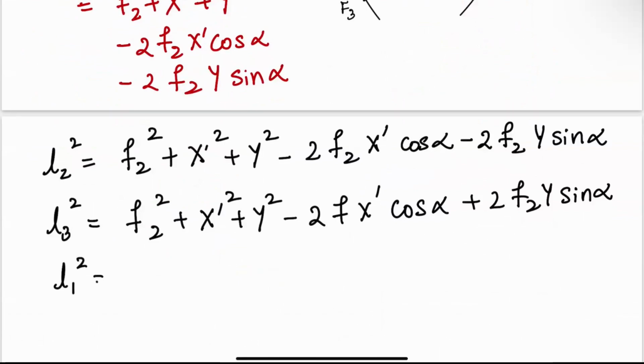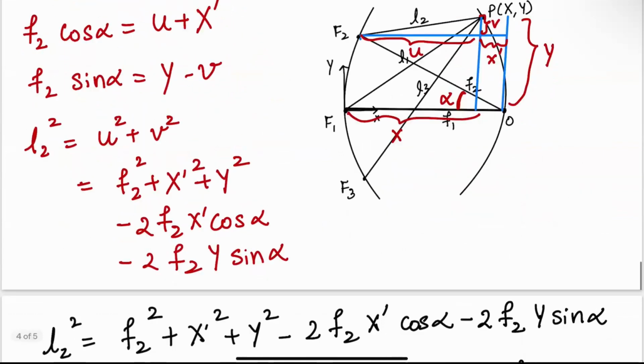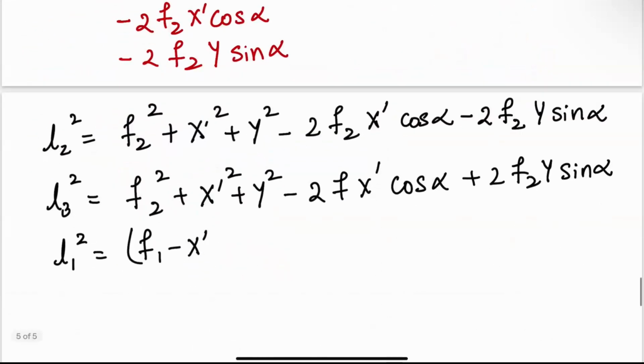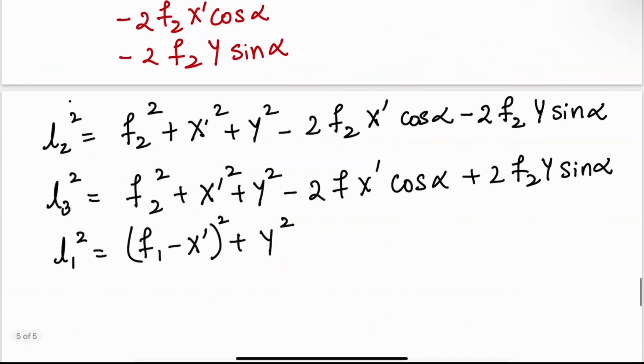So L1 square is F1 minus X prime, which is the same thing as X, square plus Y square, right? So I'll call these equations equation set number 2.